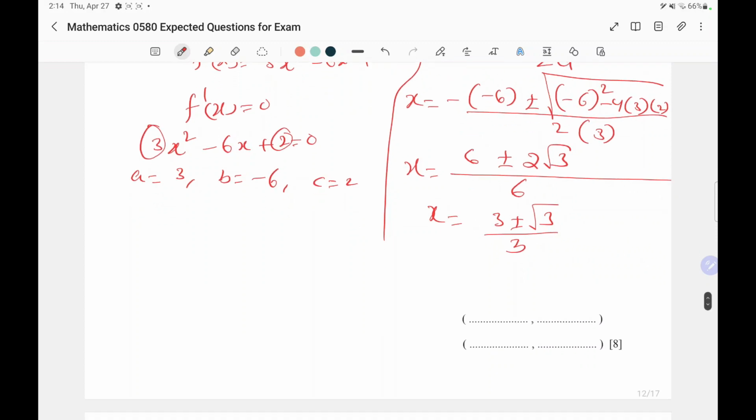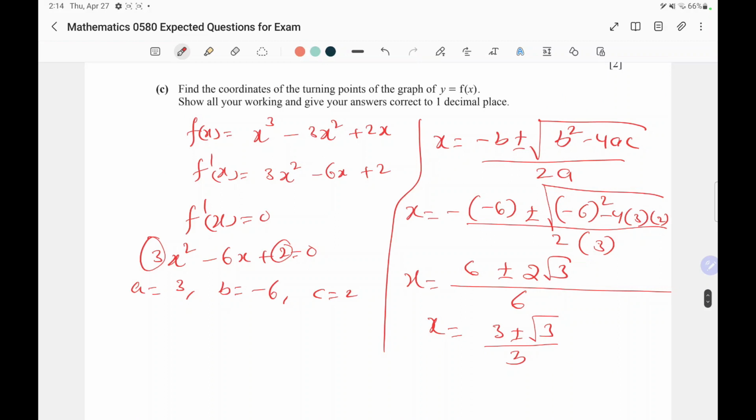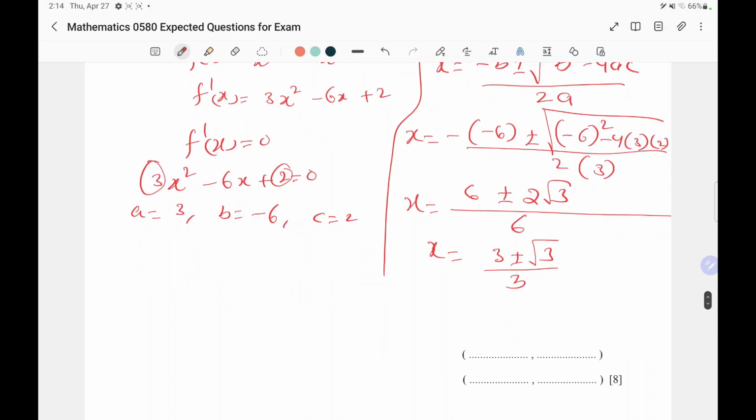So you will get these two answers: 3 plus root 3 over 3 and 3 minus root 3 over 3.